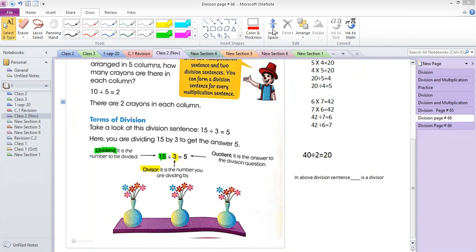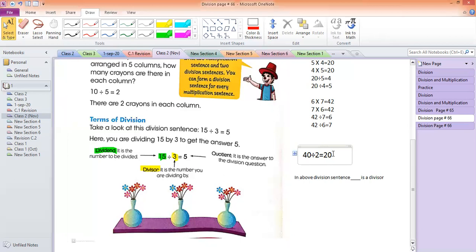Okay, Ahmad. Can you tell me the divisor here in this division sentence? 40 divided by 2 equals 20. I want to know which number is a divisor here.